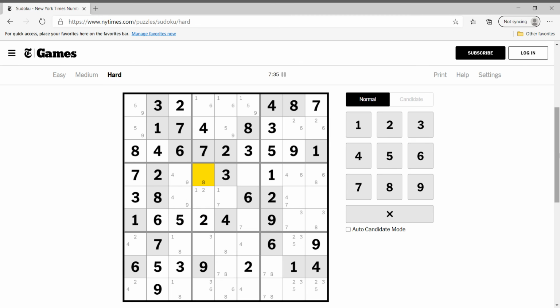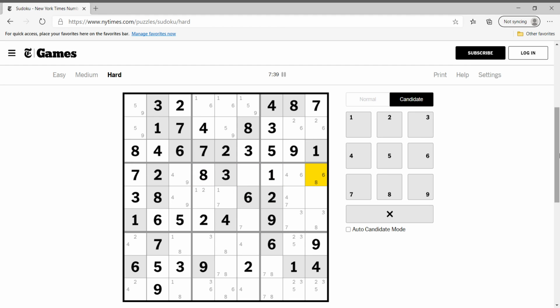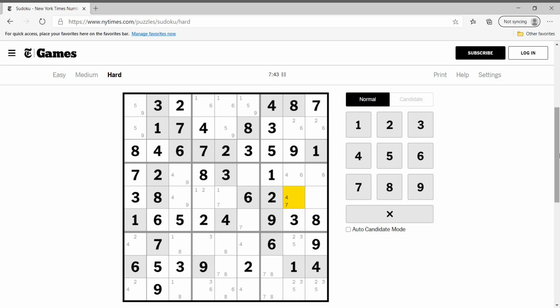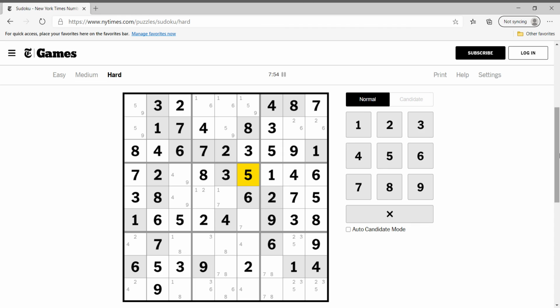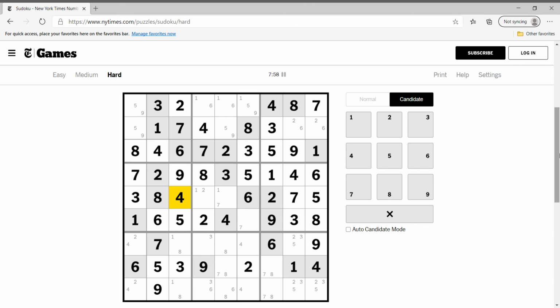Now we know this cell has to be 8. Okay, now we know this cannot be 8. This is 8. This has to be 3. This is 7. This is 4. This is 6. And this is 5. So only this cell can be 5. And this is, of course, 9 and 4.